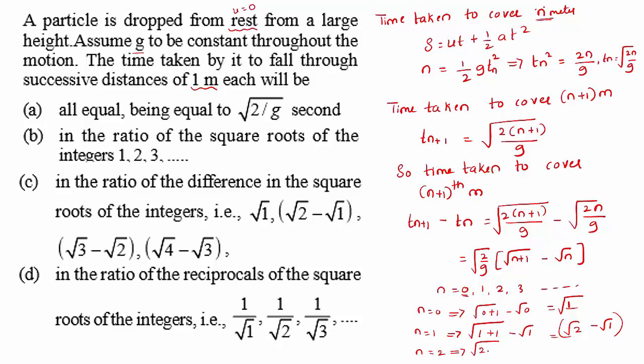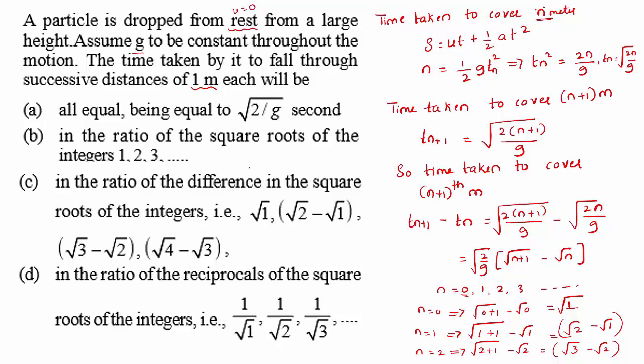In place of n, write 2, so root of 2 plus 1 minus root 2, that gives root 3 minus root 2. So root 1, root 2 minus root 1, root 3 minus root 2. This gives the required ratios, starting from rest. So we substitute initially n equal to 0. Now observe the equation, which is the suitable answer.